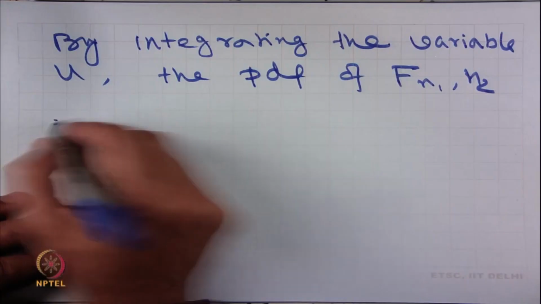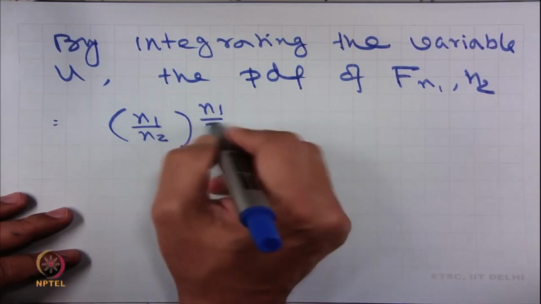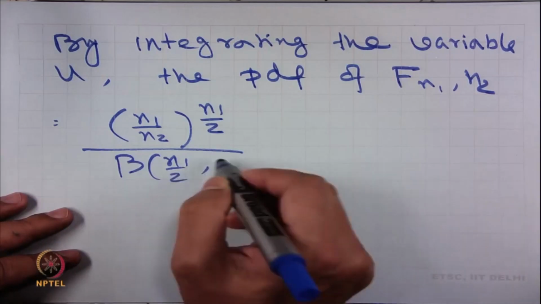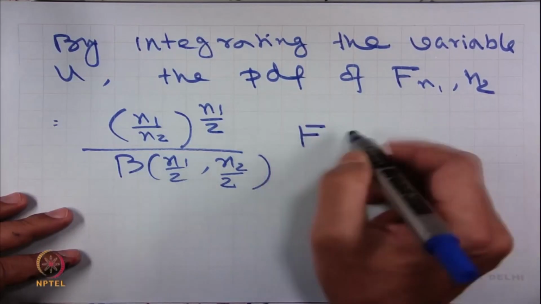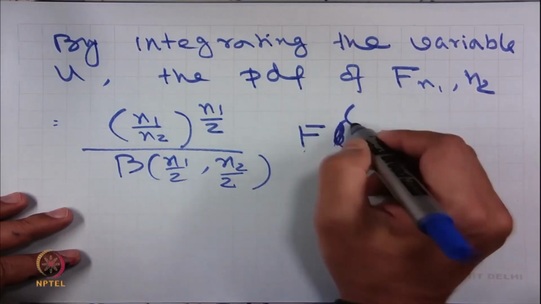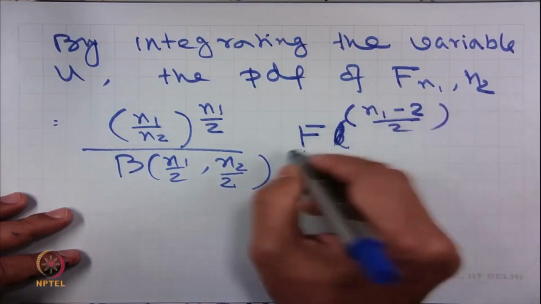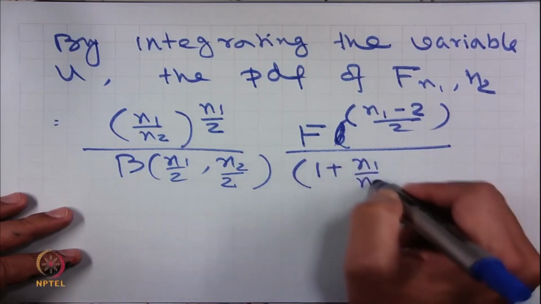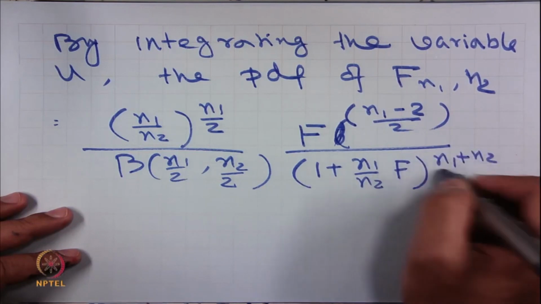So, the result is going to be n1 upon n2 to the power n1 by 2 upon beta n1 by 2 n2 by 2, f to the power n1 minus 2 by 2 divided by 1 plus n1 by n2 f whole to the power n1 plus n2 by 2.